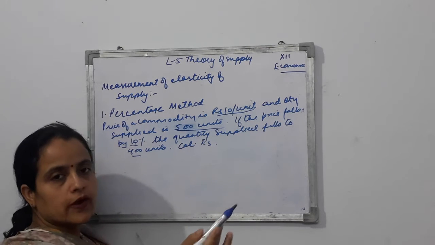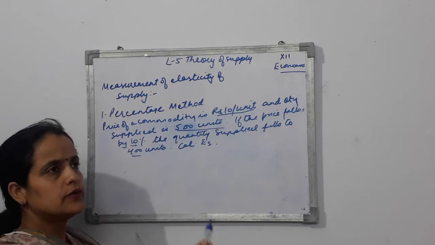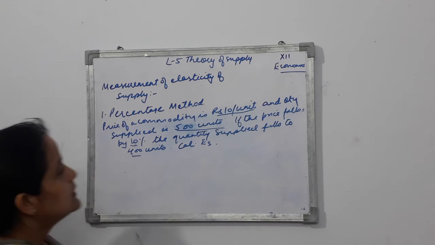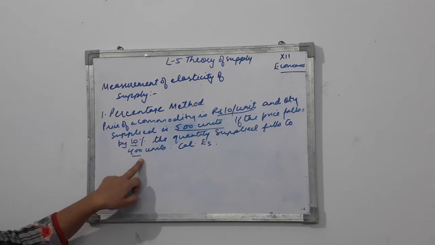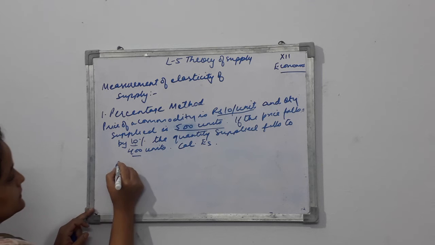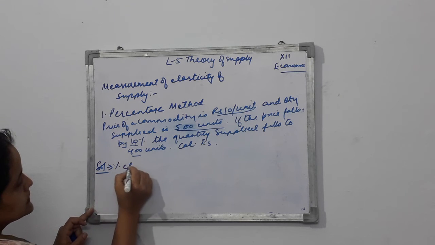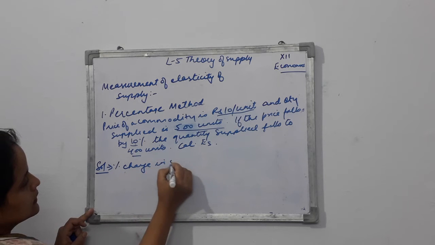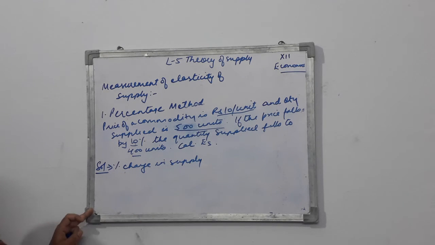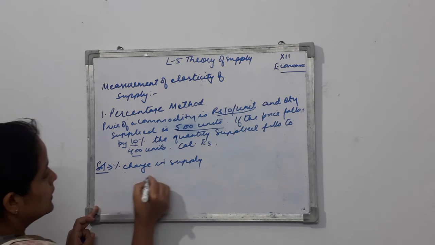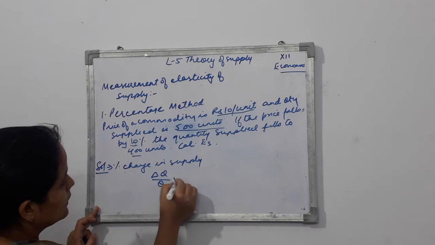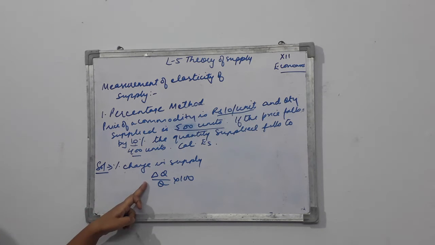So we are going to calculate the percentage change in supply. Percentage change in supply is delta Q upon Q into 100. So change in quantity upon Q into 100.